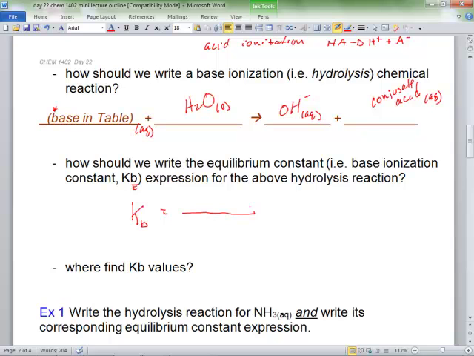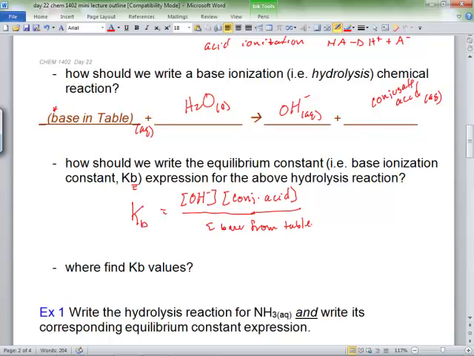Oh yeah, sorry, I was looking at the wrong one. And the conjugate acid. And on the bottom, oh yeah, not the liquid, not the water, just that base. The base from the table.